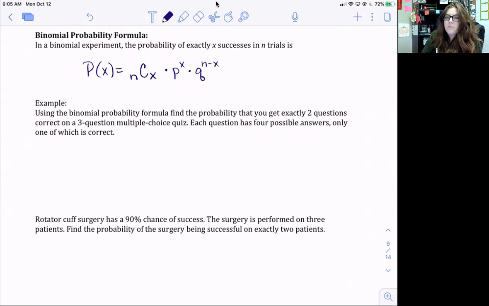The easiest way to remember the second half: the p exponent represents the number of successes. So probability of success, how many were there? Then the probability of failure, how many were failed attempts?